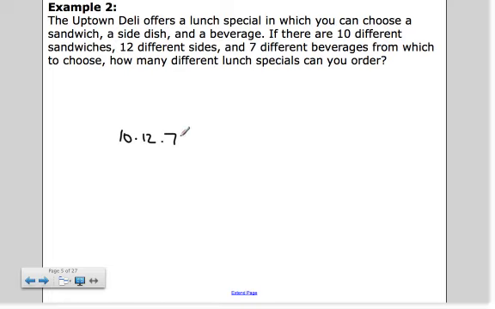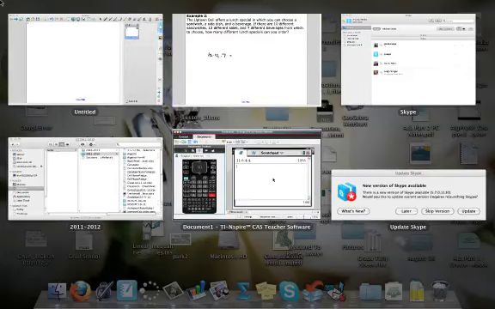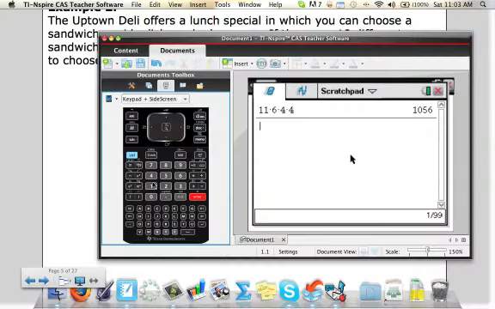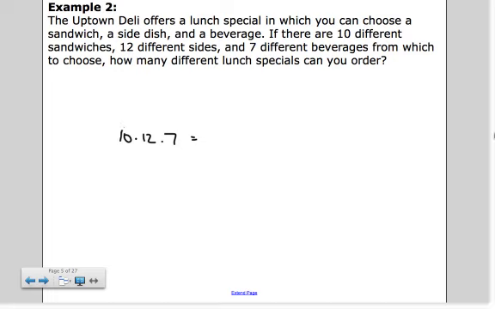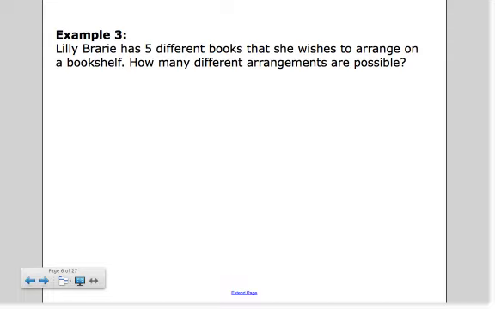That would be 10 times 12 times 7, which is 840 specials.